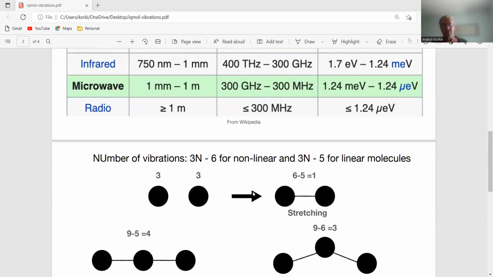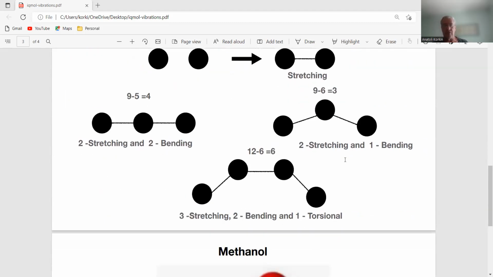So the general formula for the number of vibrational modes is 3N minus 6, N being the number of atoms, for nonlinear, and 3N minus 5 for linear molecules.